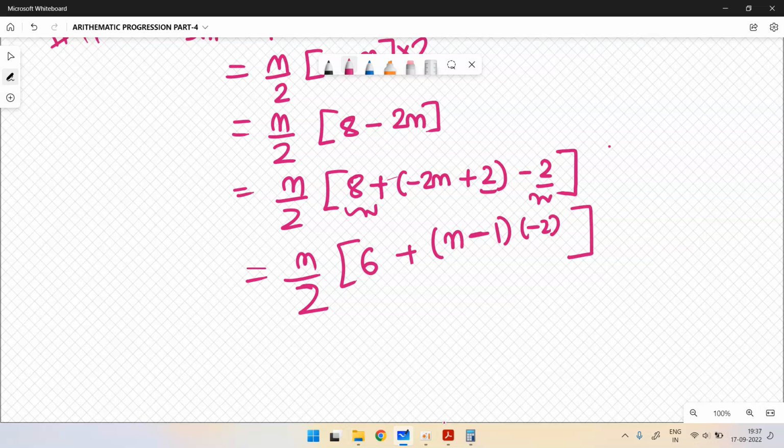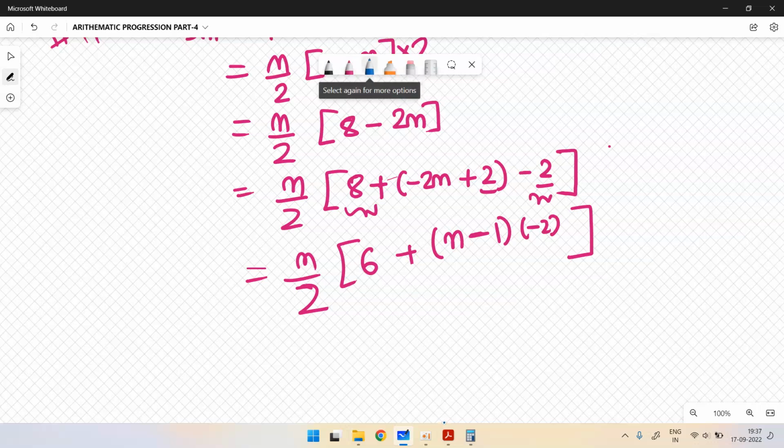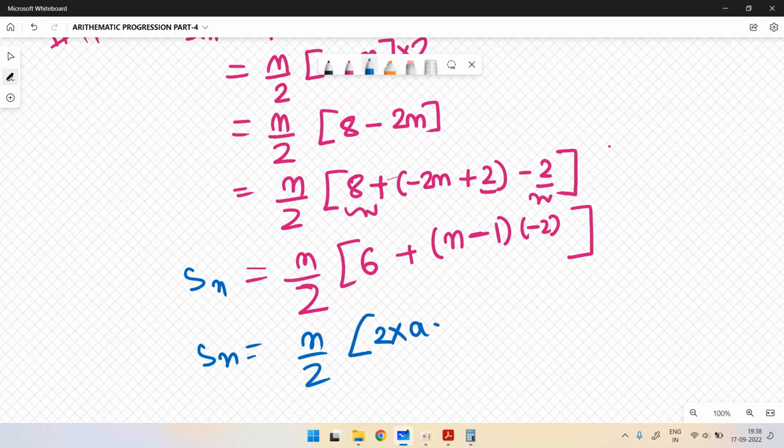By the standard formula, S of n is nothing but n by 2 into (2a plus (n minus 1) d). Now comparing, this is n by 2, and this is n minus 1 here.